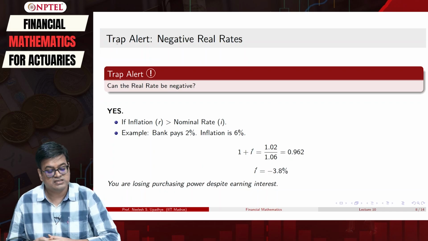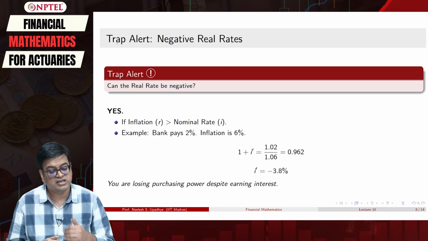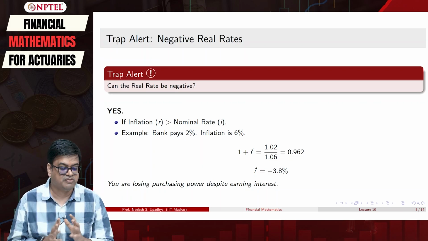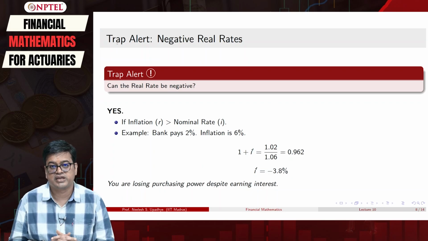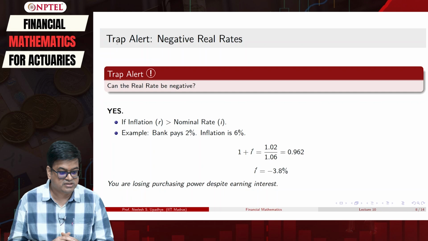So, you are essentially losing purchasing power despite earning the interest on your capital. You should be aware of this trap, and this real interest rate can become negative. Now, we have understood this trap.